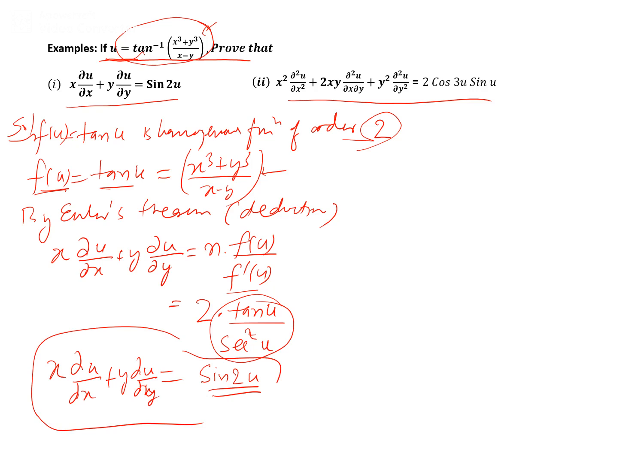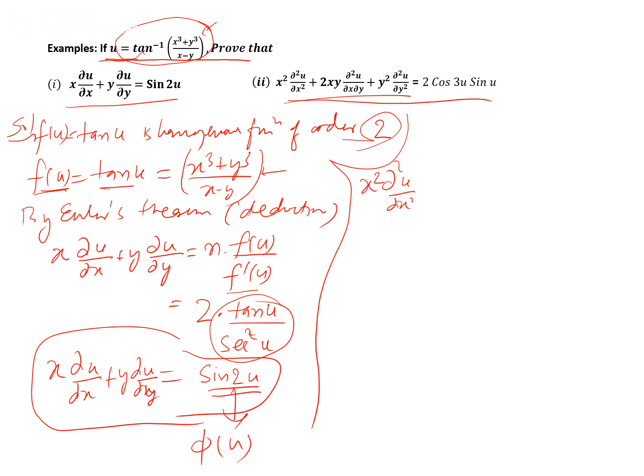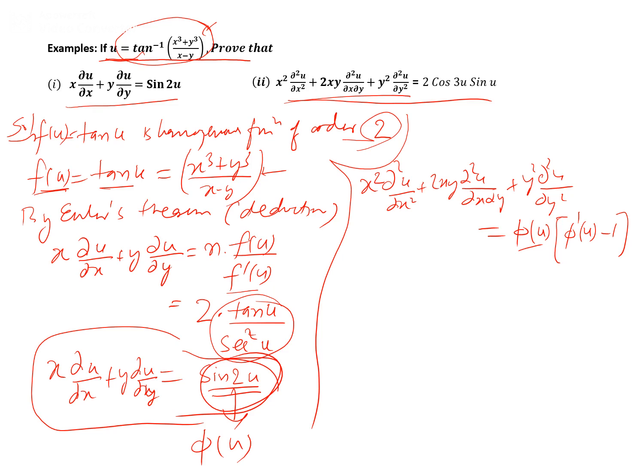Now for the second part, you just take sine u as phi u and use the deduction for higher order, which is x square del 2u upon del x2 plus 2xy del 2u upon del x del y plus y square del 2u upon del y2 is phi u into phi dash u minus 1. Here phi u is that function.